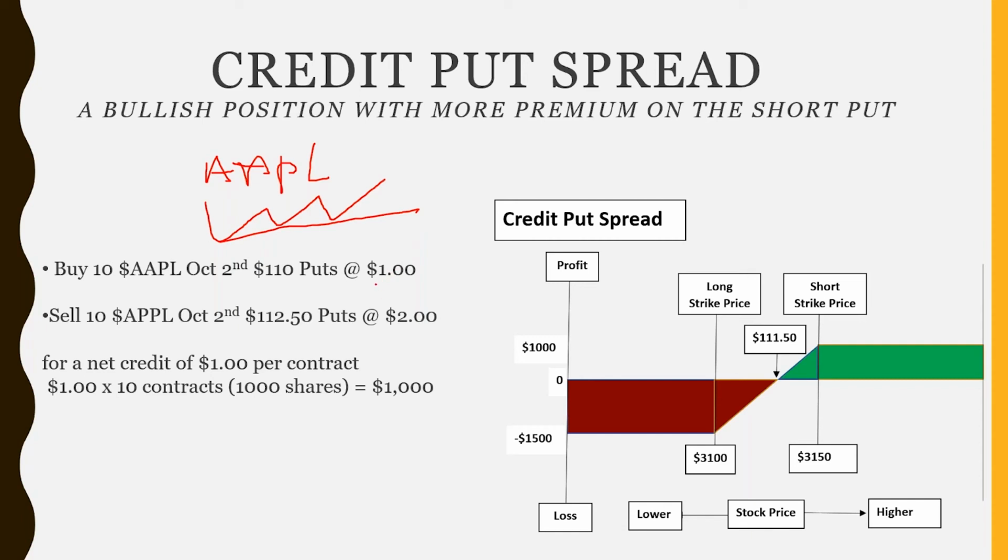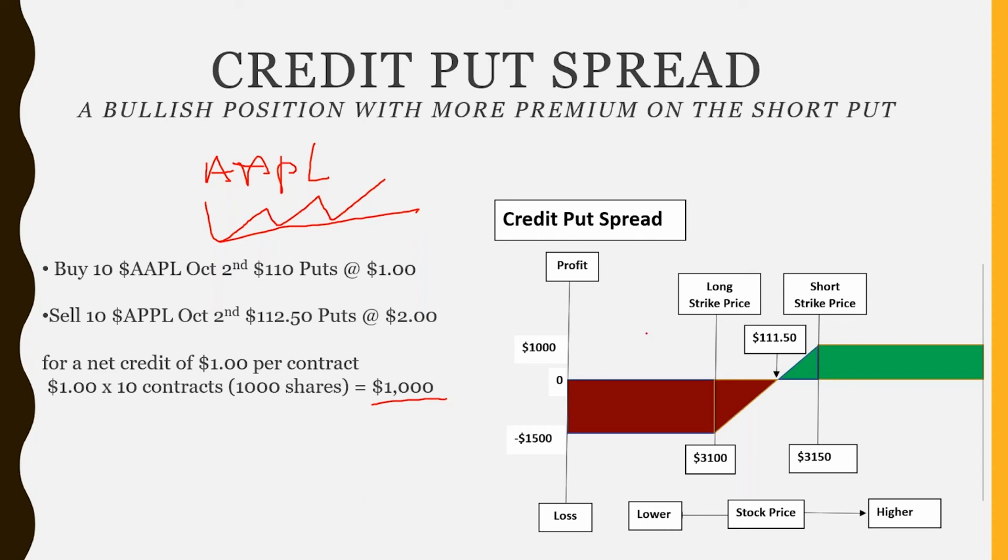So the difference between the two is $1. Okay, so the net profit will be $1. Let's say we do 10 contracts that represent control of 1,000 shares of Apple. Then we collect a premium of $1,000.